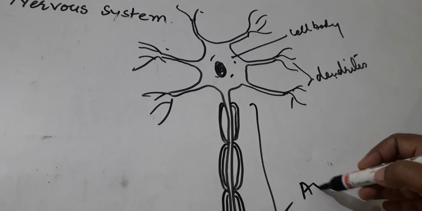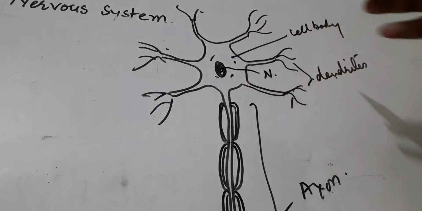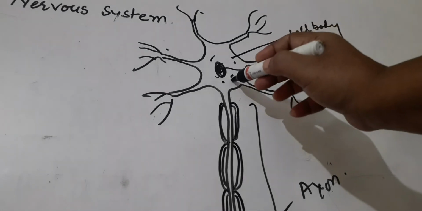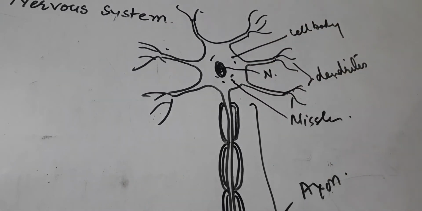Axon, nucleus, Nissl granules. This diagram you can find in your book.